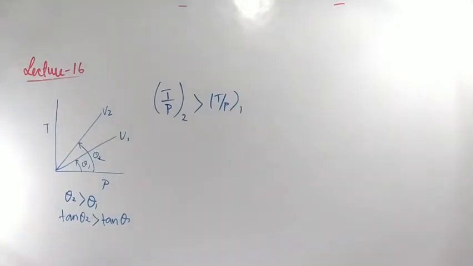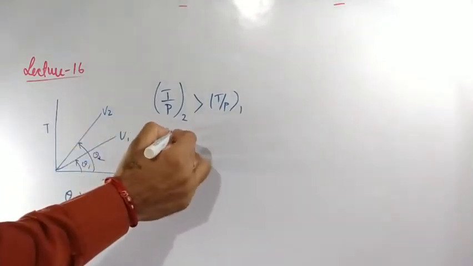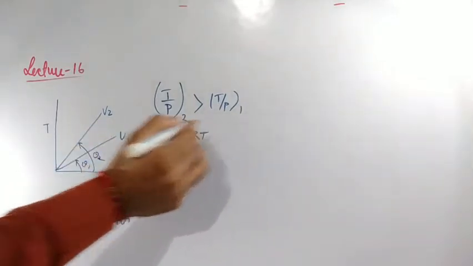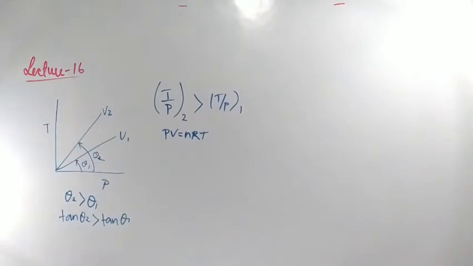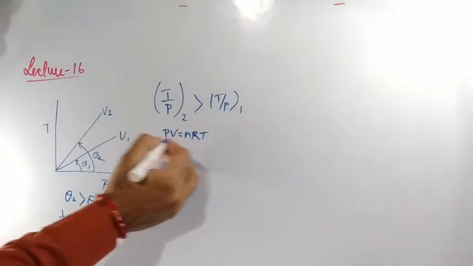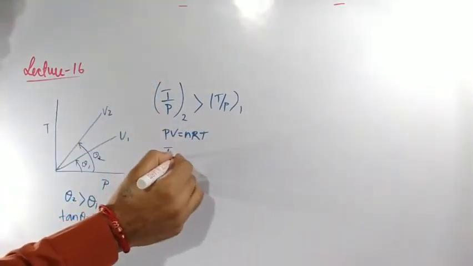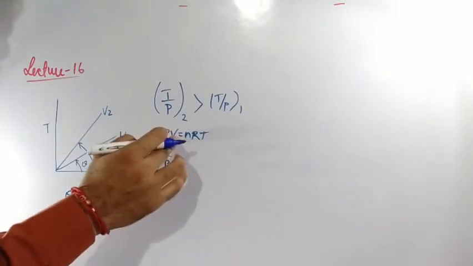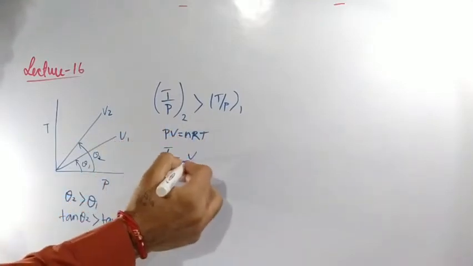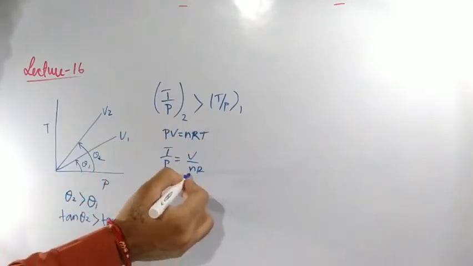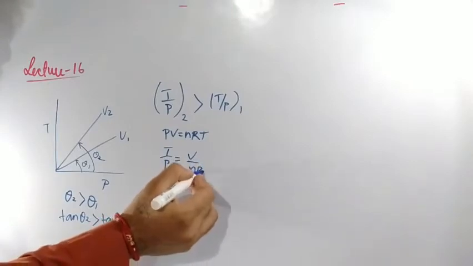From the ideal gas equation, we know that PV is equal to nRT. If I want to separate T by P, because here we have T by P, then T by P will be equal to V by nR. n is constant, R is constant.